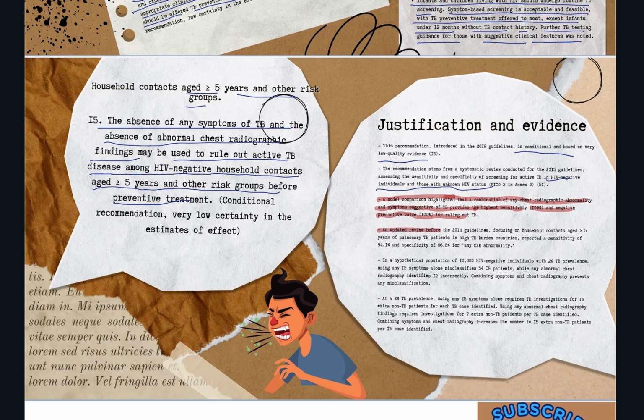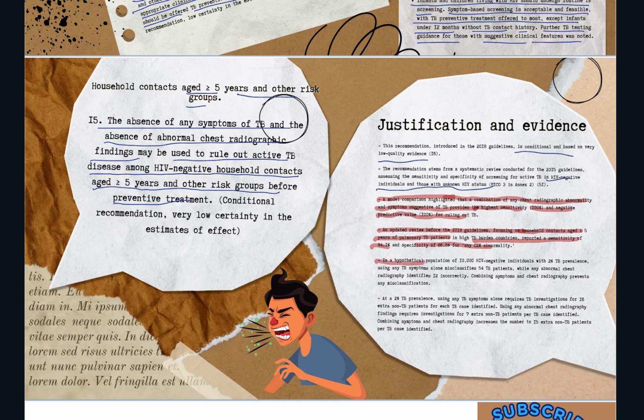An updated review before the 2018 guidelines, focusing on household contacts older than 5 years of pulmonary TB patients in high TB burden countries, reported a sensitivity of 94% and a specificity of 86% for any chest X-ray abnormality.